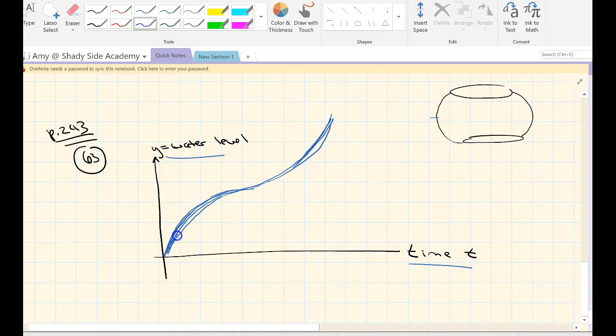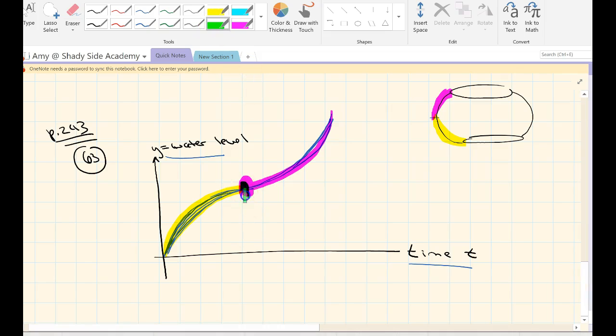At this point where it's increasing decreasingly, that corresponds to this part of the curve. Because as the vase widens out, certainly the rate at which the height of the water increases is going to slow down. But then it starts to increase increasingly, and that corresponds to this part of the vase.